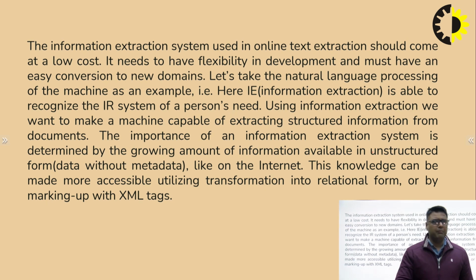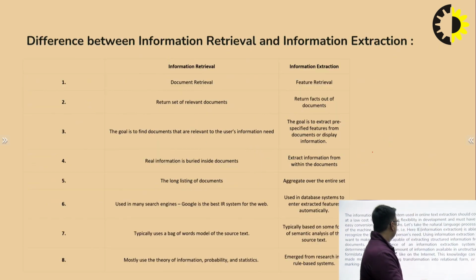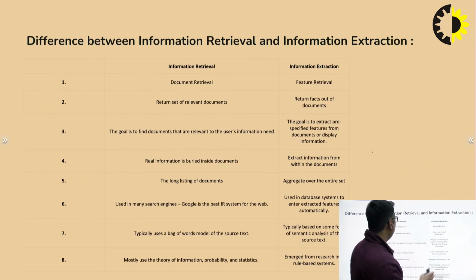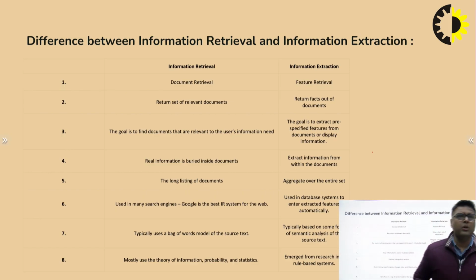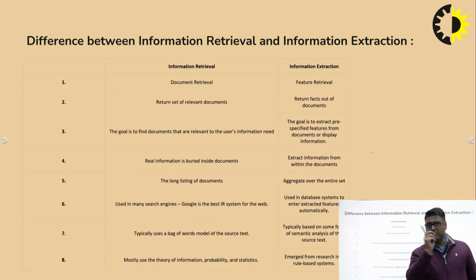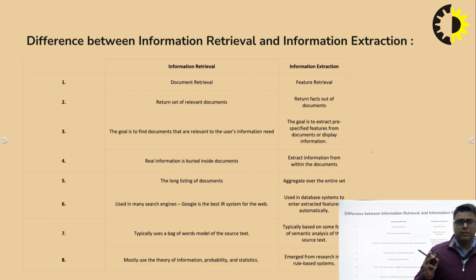Here the same values are mentioned, and the other main function is information retrieval. I have to define retrieval in one line. Suppose you have to search for information about Sachin Tendulkar related to cricket.